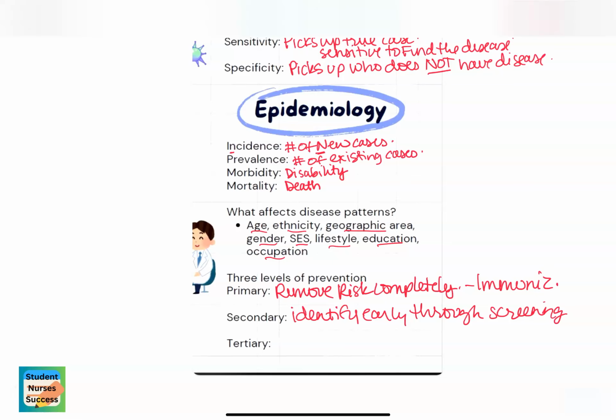So if you go to a health fair and they're checking blood pressure or blood sugar, it might have helped to early identify diabetes or even high blood pressure. And tertiary is treatment to prevent further deterioration. So you have the disease, but you're receiving treatment to try to prevent your body from getting further deteriorated from the disease.